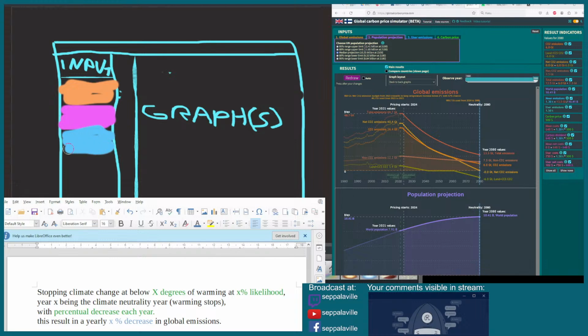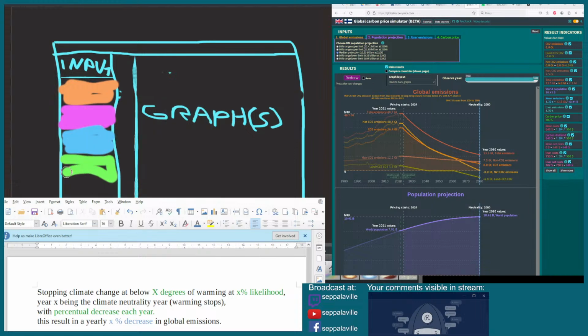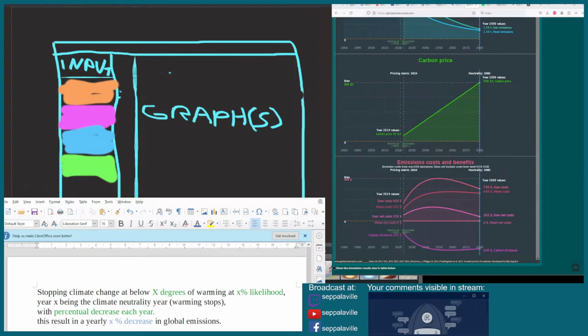Here we have the blue one for the individual emissions, we have the green one for the carbon price, and now what's also been bothering me is that the results here are emission costs and benefits.